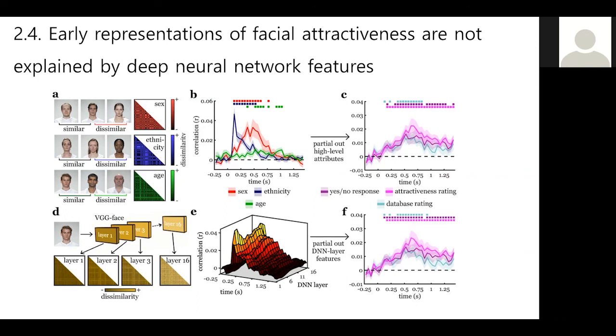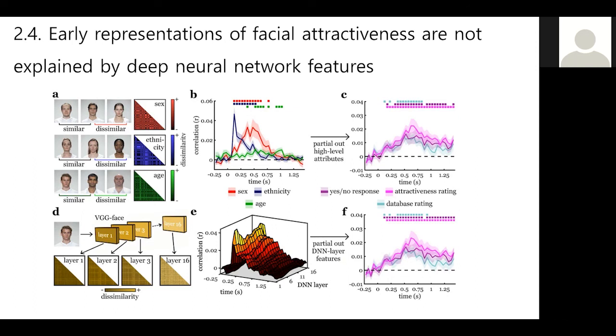Here, we use a DNN trained on recognizing faces, which has previously been shown to accurately approximate features analyzed during cortical face processing. We extracted predictor RDMs from the 16 convolutional layers of the DNN, in which each entry reflected the pairwise dissimilarity between the layer-specific activation vectors for two faces.